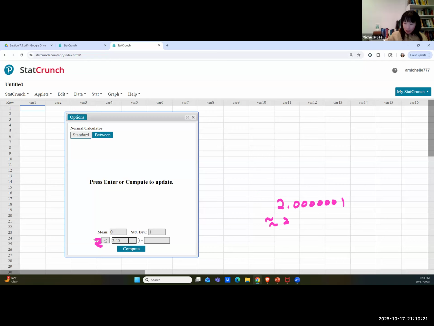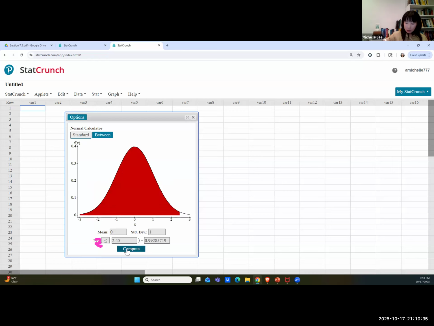So the first question, what's the probability the Z-score is less than 2.45? Let's compute. So we get 0.99285719, right?